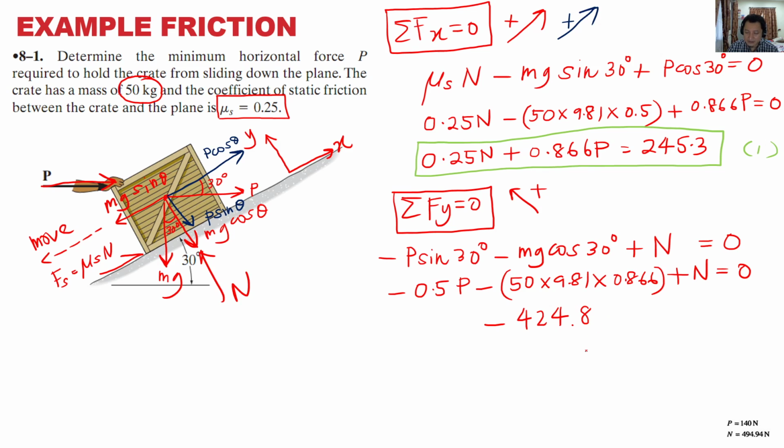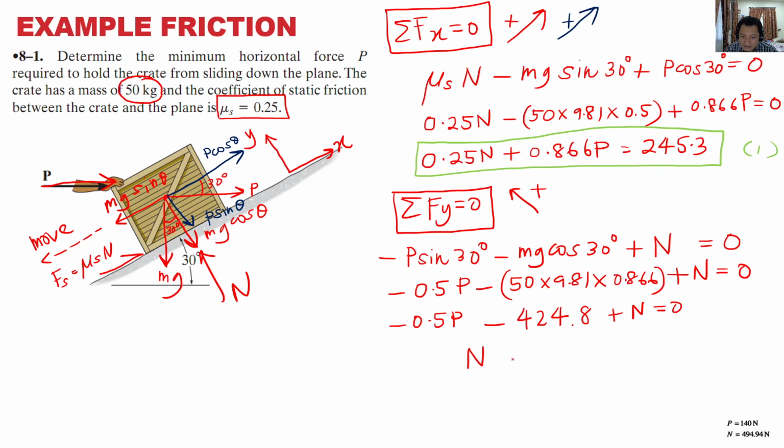Negative 0.5 P plus N equals 0. So you have to rearrange the equation a bit, with N in front.